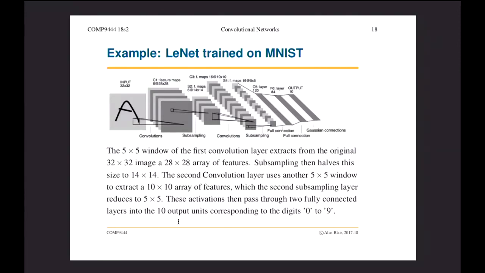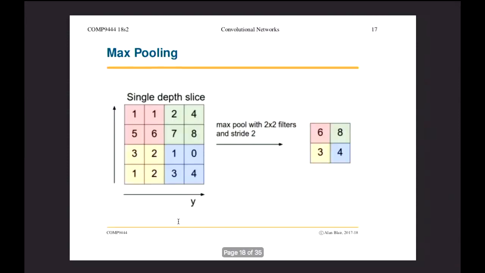Now what happens from here to here? What goes from here to here is called subsampling or pooling, and the way it typically works is by what's called max pooling. So I've got an array of 28 by 28 neurons, and I want to reduce it to just 14 by 14.